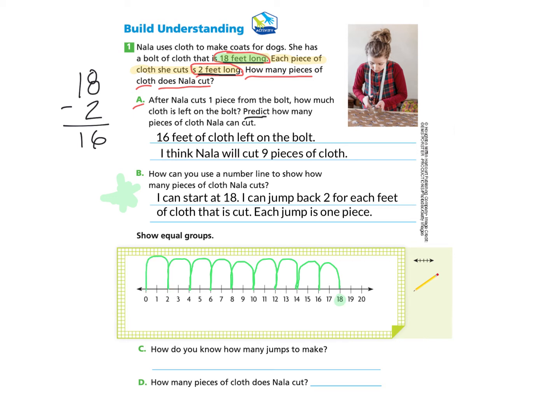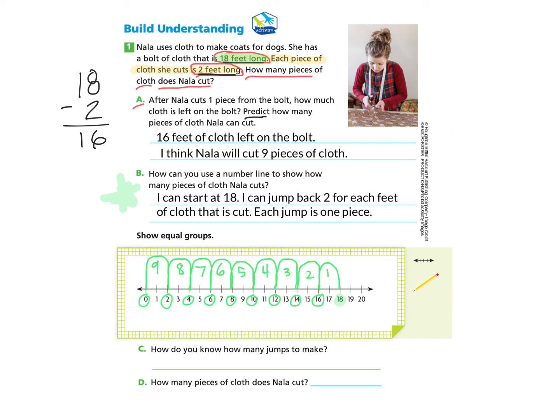So I landed on the numbers 16, 14, 12, 10, 8, 6, 4, 2, and finally 0. And how many jumps did I make? 1, 2, 3, 4, 5, 6, 7, 8, 9.